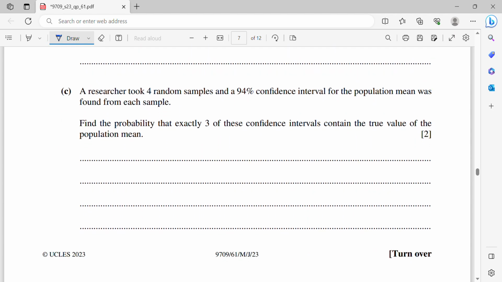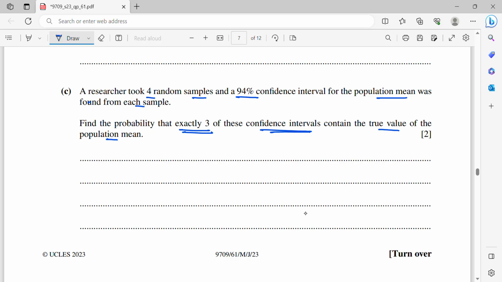Okay, now part C. A researcher took 4 random samples and a 94% confidence interval for the population mean was found from each sample. Find the probability that exactly 3 of these confidence intervals contain the true value of the population mean.